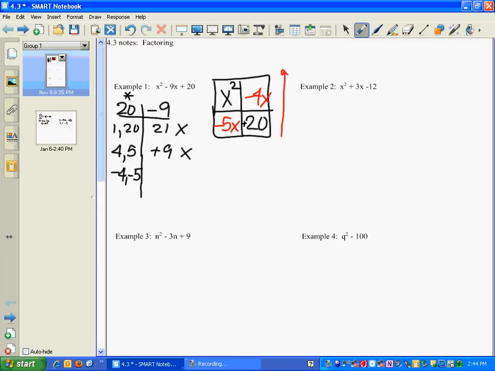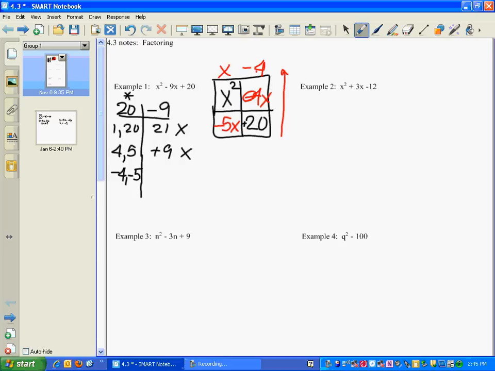Between negative 4x and positive 20, what's a common factor that they both have? 4. But because this one is negative, we're going to make it negative 4 that we're pulling out. So the sign of this value up here is determined by the sign of this square. Okay? Keep going up. Between x squared and negative 5x, what's our common factor I can pull out?